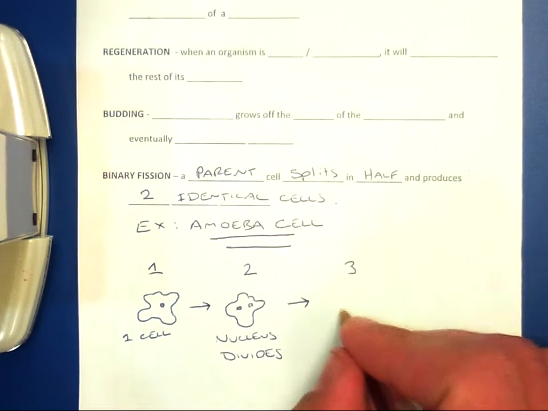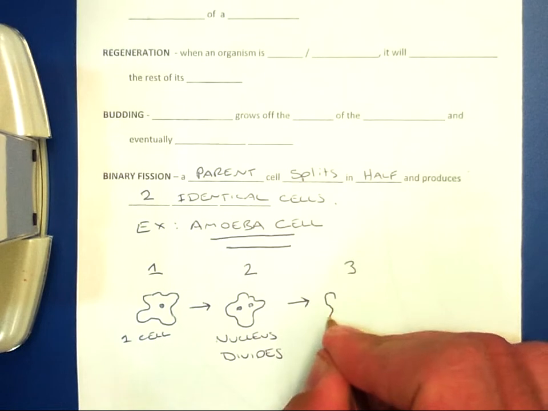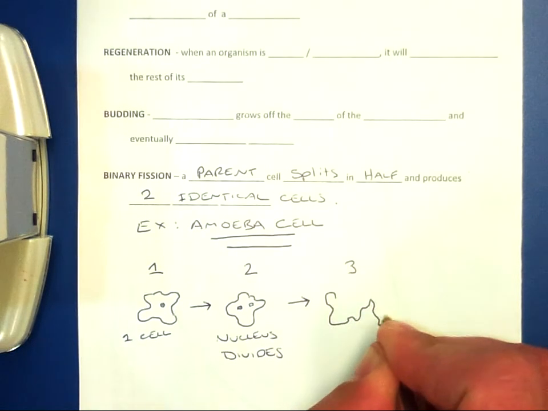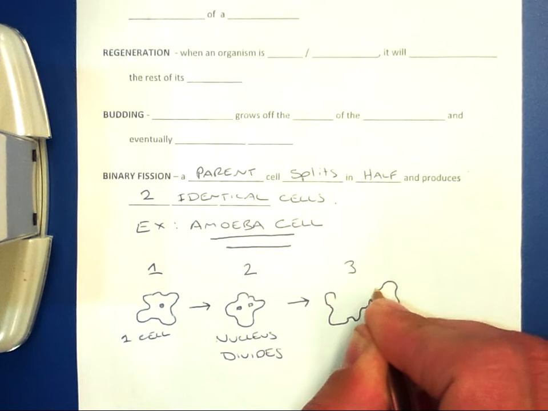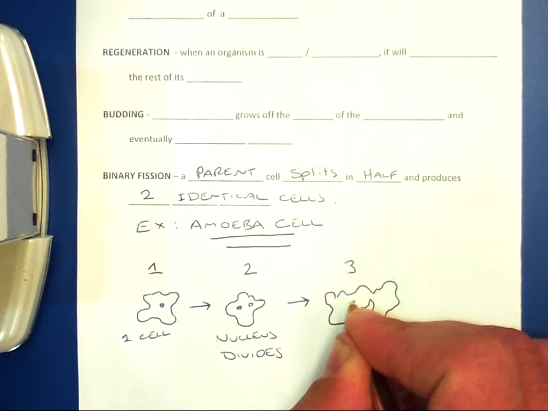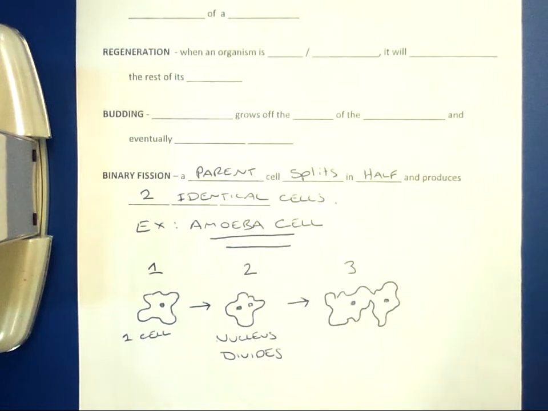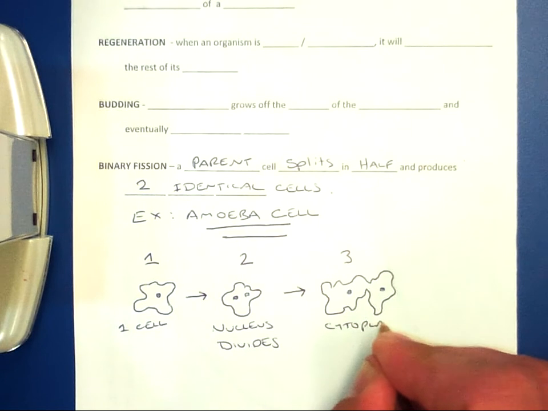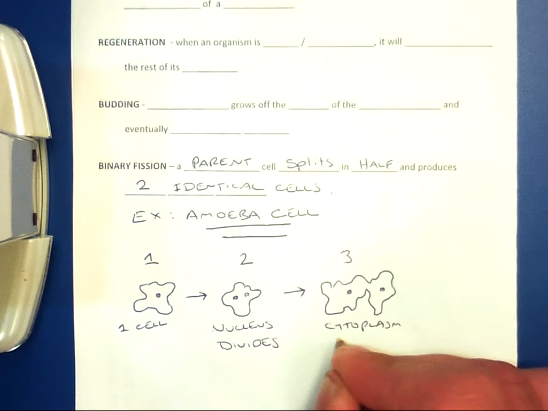In step three, your cytoplasm starts to pinch in. Just draw the best you can. And you have two nucleus, one on each side. So cytoplasm splits.